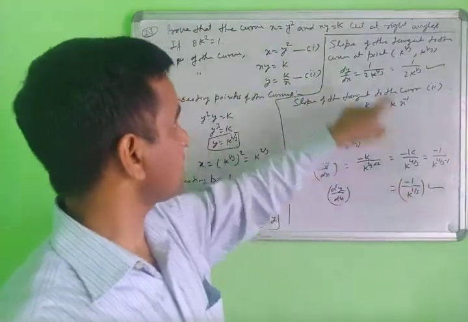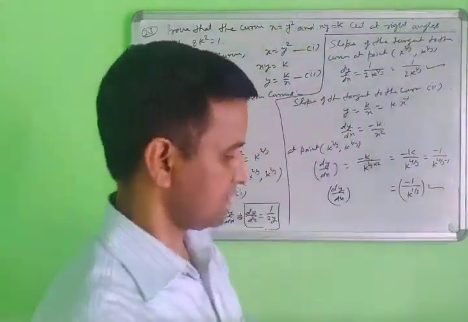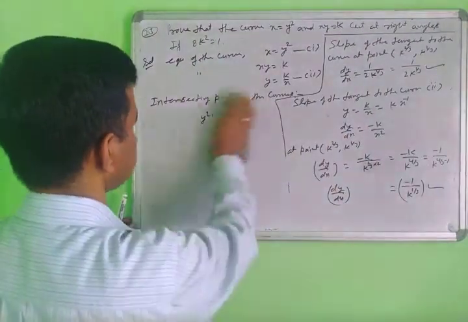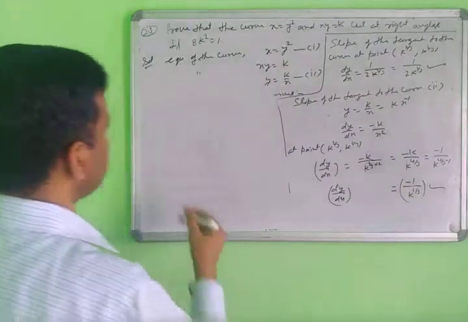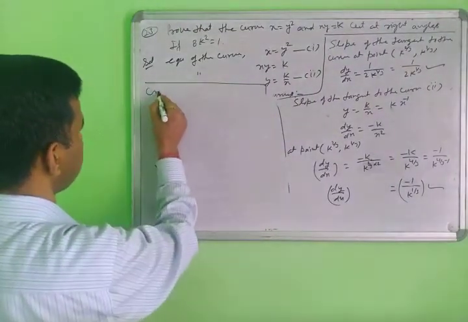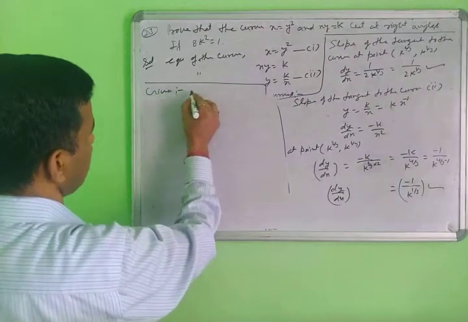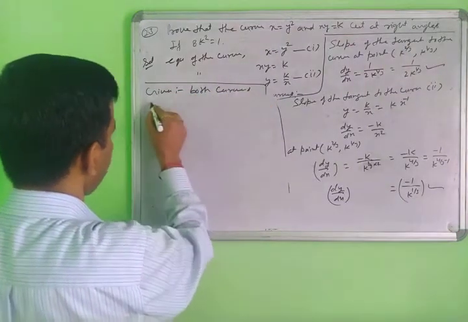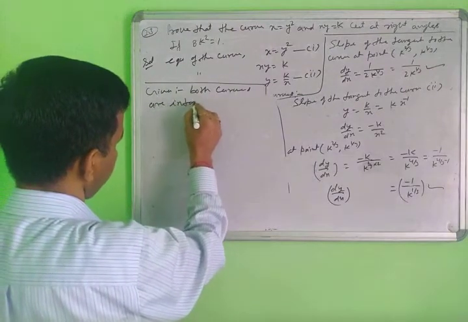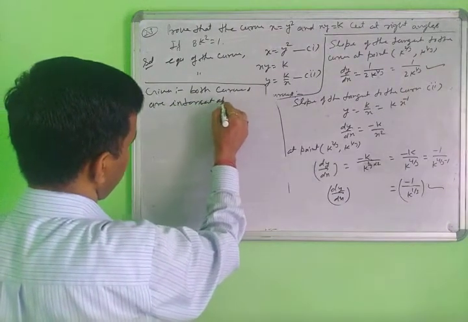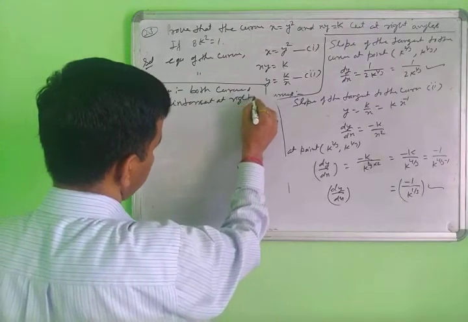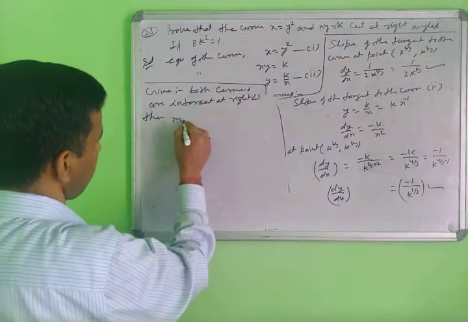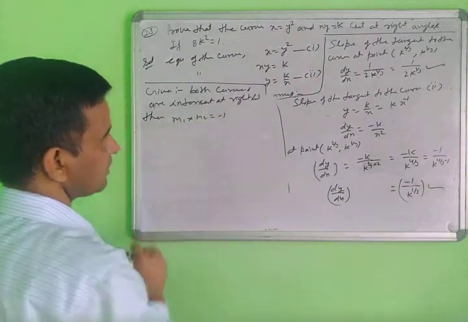Both curves intersect perpendicularly, meaning at right angles. Using the condition of the right angle, both curves intersect at right angles, then m1 times m2 equals minus 1.